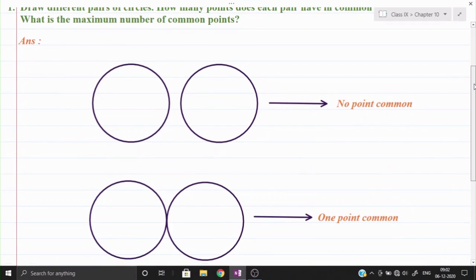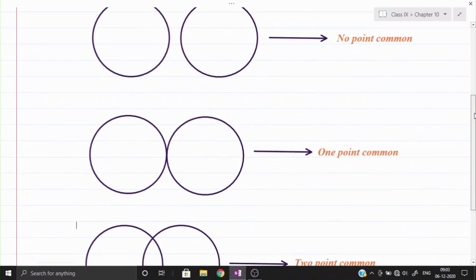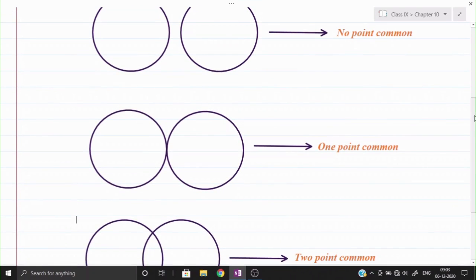Now in the second case, when they are going to touch each other, you might accept here that both the circles are touching at more than one point. It may be possible, but theoretically we shall accept over here that if two circles are touching each other, they are going to touch at one and only one point.